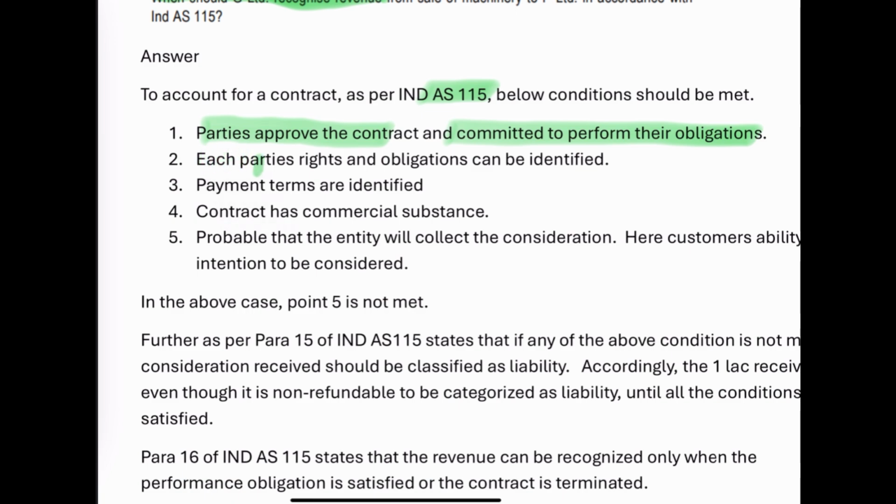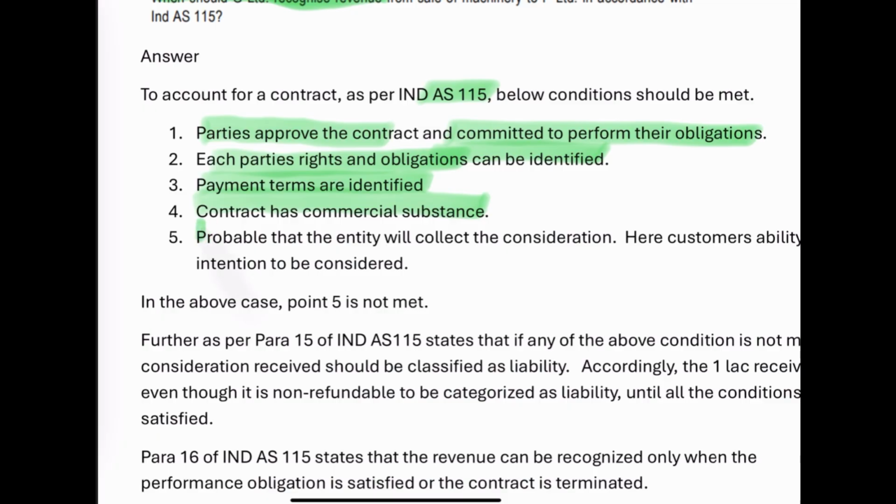And second, each party's rights and obligations can be identified. I think this can also be satisfied because we know what the obligations of G Limited and P Limited are. And payment terms are identified. So here also the payment term is defined and can be identified. And the contract has commercial substance, that also we can say is satisfied.